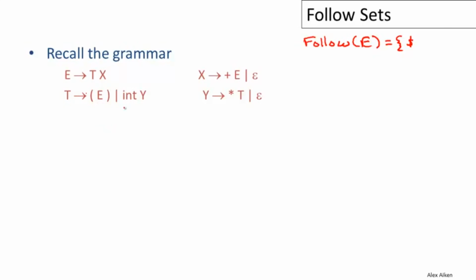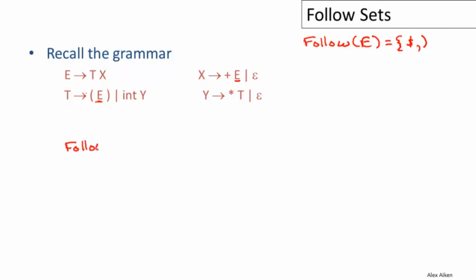So here is a place where E is used, and we can see that it is immediately followed by a terminal symbol, so certainly close paren is in the follow of E. And there's one other place where E is used, and that's over here. It appears at the right end of a production. And so we know that anything that's in the follow of X is also going to be in the follow of E. That's a constraint, and so we'll write that down over here.